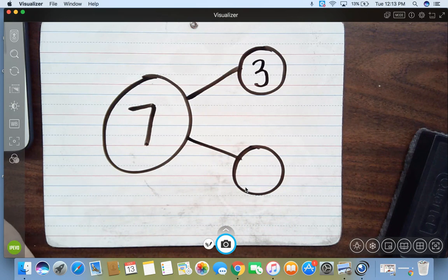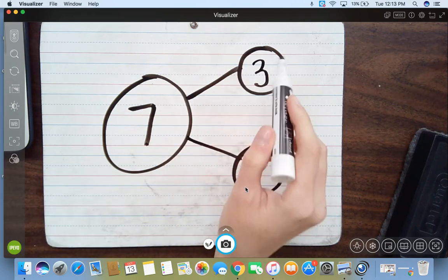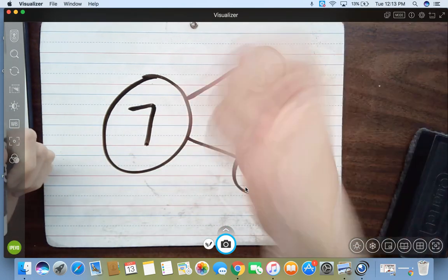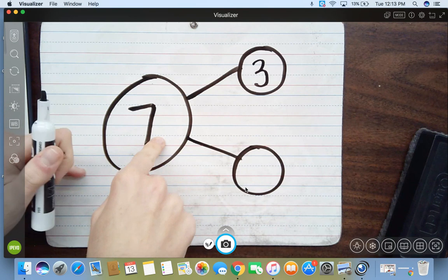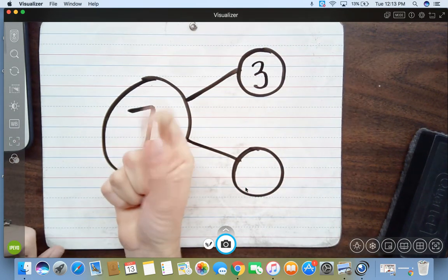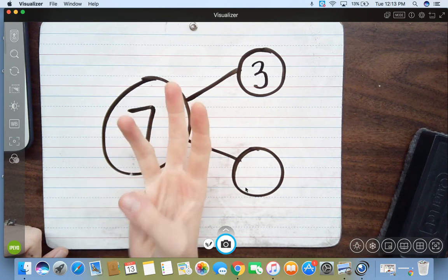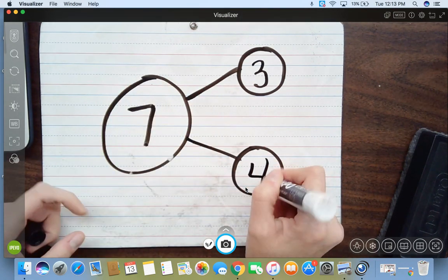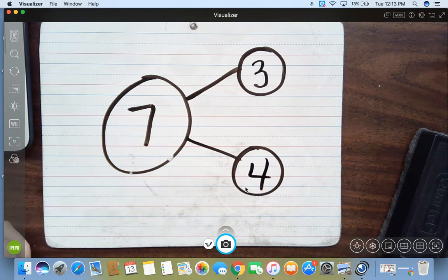You know how we do that? We subtract. So you take your little number and you shake him around, make him goofy. And then you count up to the 7, which is the big number. So 3, 4, 5, 6, 7. What's my other part? 4. I stick him there. Check that out. Isn't that cool? So all you're doing is subtracting.